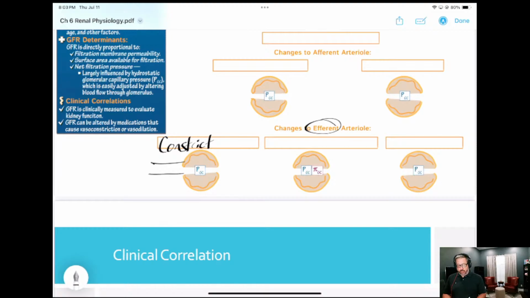Everything is good on that side, but we constrict the efferent side. You're going to get a buildup of hydrostatic pressure. Therefore, if you have an increase in hydrostatic pressure, that's forces that are favoring filtration, and that is going to cause your GFR to go up. So, Gabriel, I hope that answered your question.